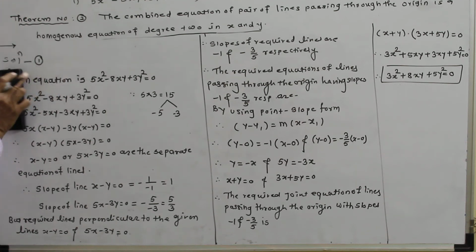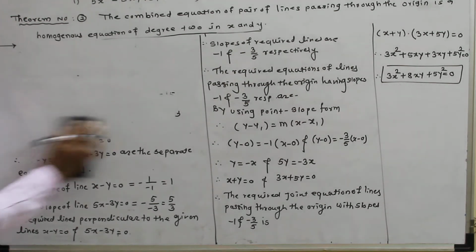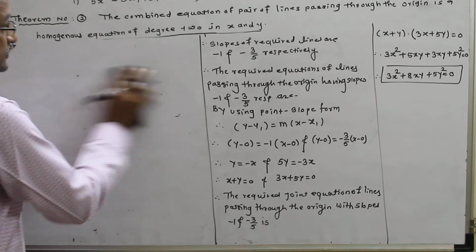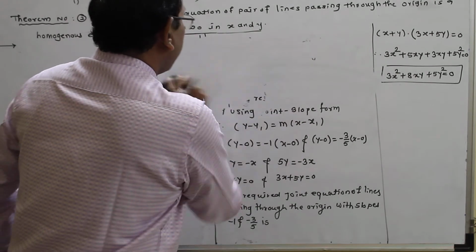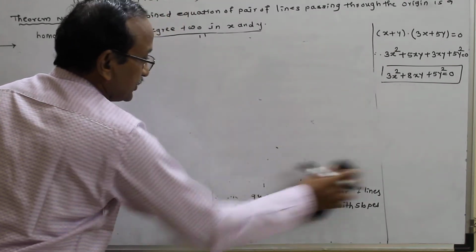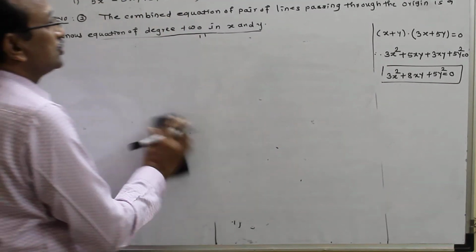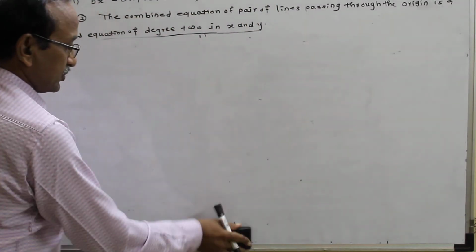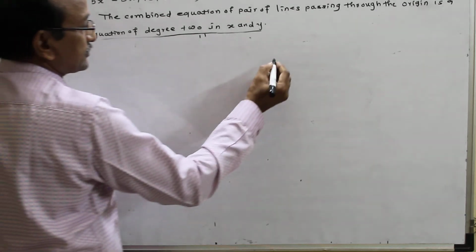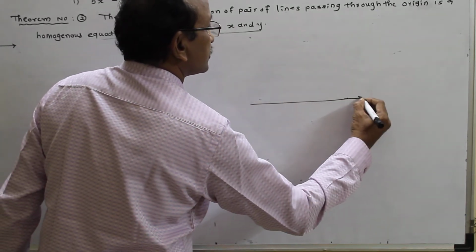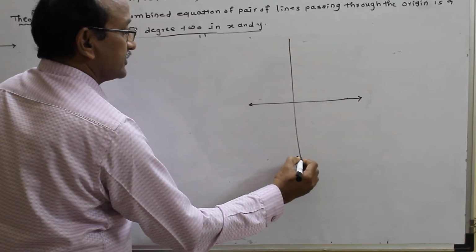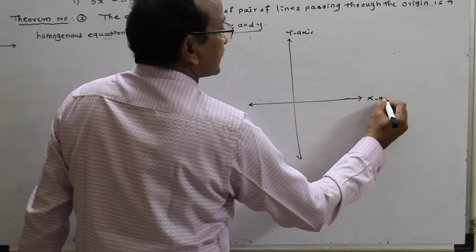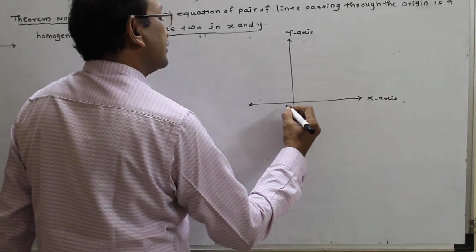Now consider the second theorem. The combined equation of a pair of lines passing through the origin is a homogeneous equation of degree 2 in x and y. So now first draw this figure here. Suppose this is the x axis, this is the y axis, and this is the origin.